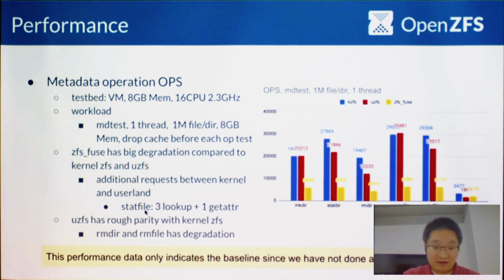For example, for a stat file, we observe that there are 3 lookup operations and 1 get attribute. If using the kernel side, that should be okay. It will be quick, but in FUSE there is a lot of back and forth communication between kernel and userland.